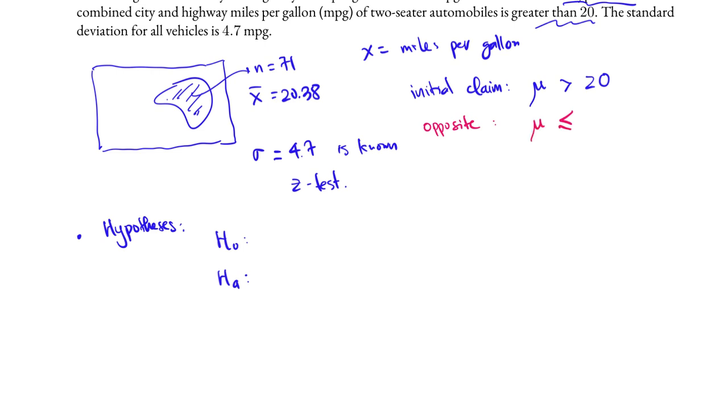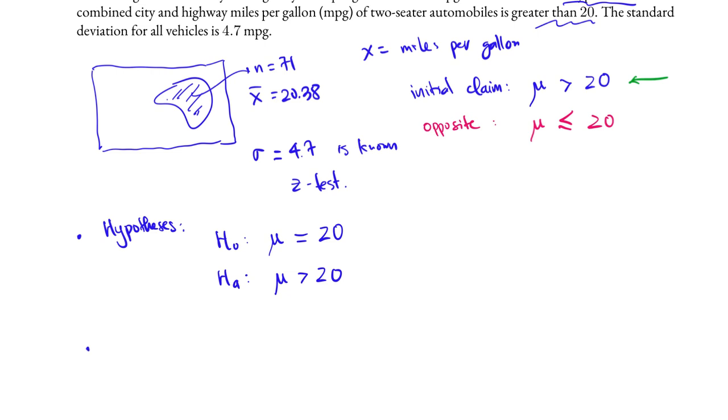So the opposite is mu less than or equal to 20. The statement that does not have the equal sign is the alternative hypothesis. So the alternative hypothesis H sub a is mu greater than 20. And the null hypothesis is the statement of indifference, so it always has the equal sign, mu equals 20.